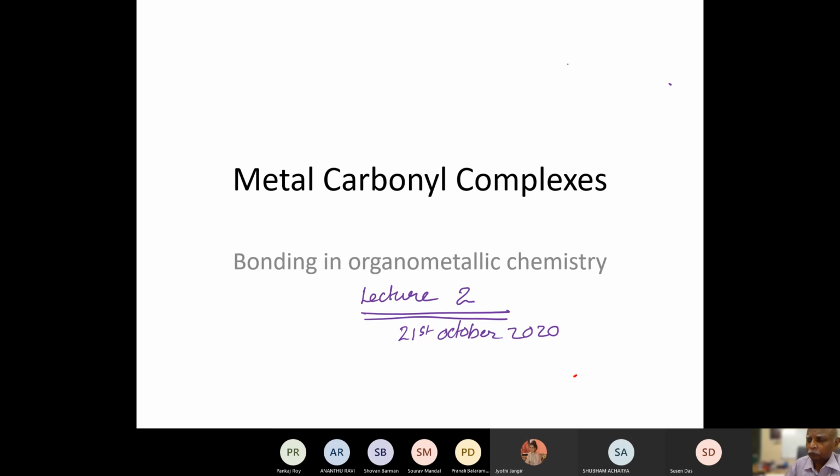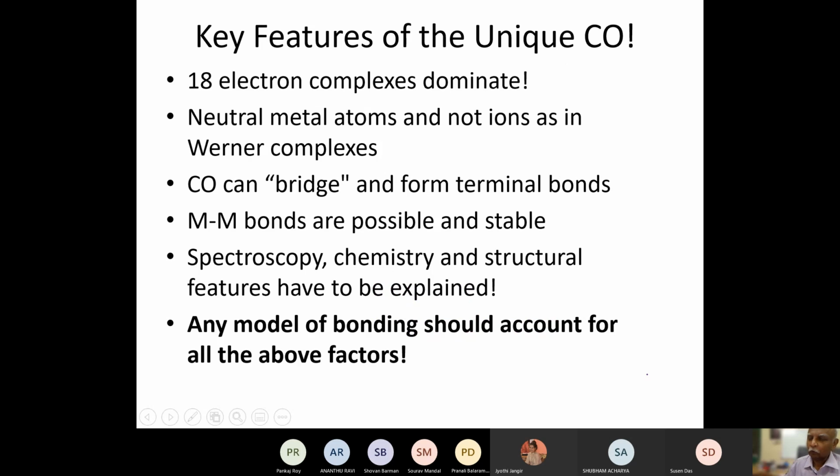Now, in the first lecture, we looked at some of the special properties of metal carbonyls.